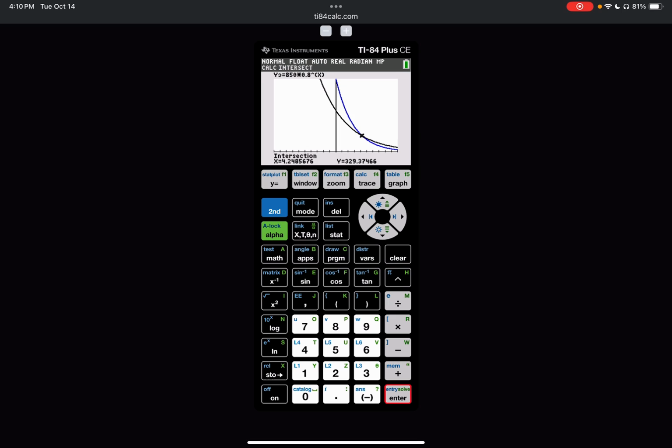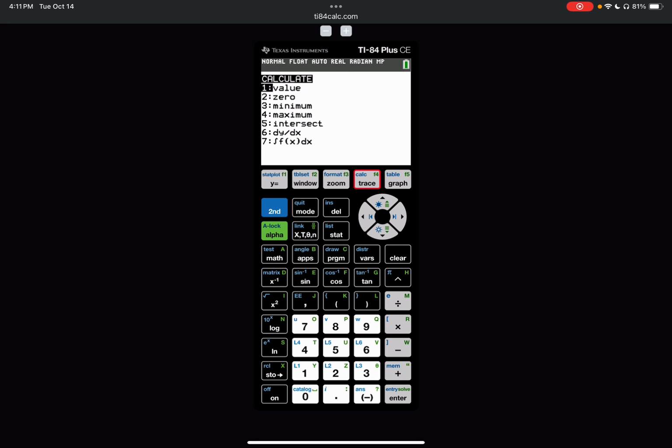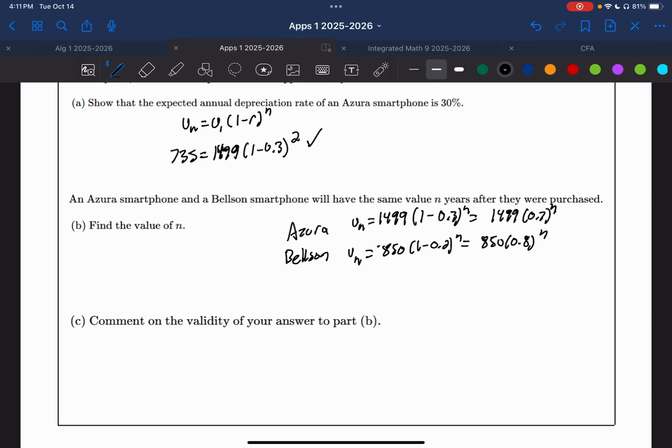See that the intersection, yep, it's n equals 4.24.